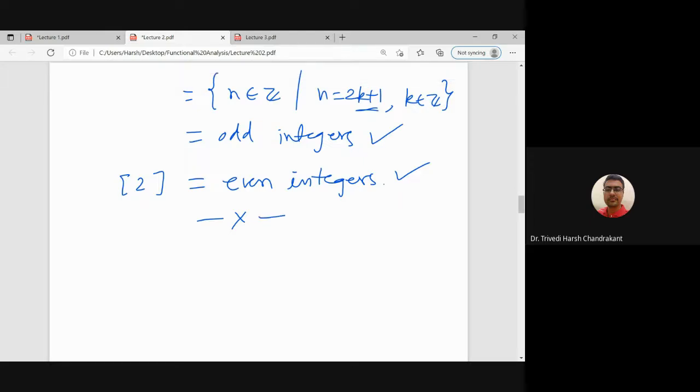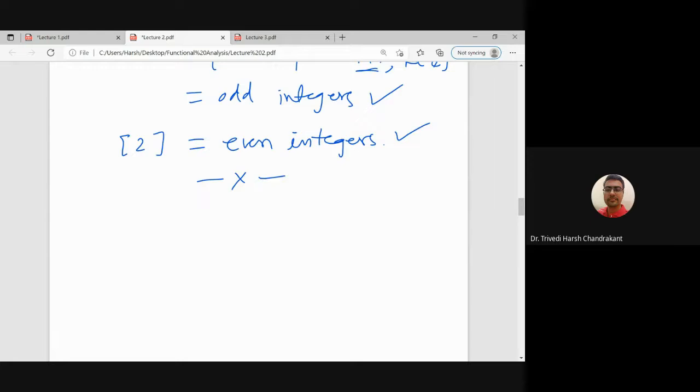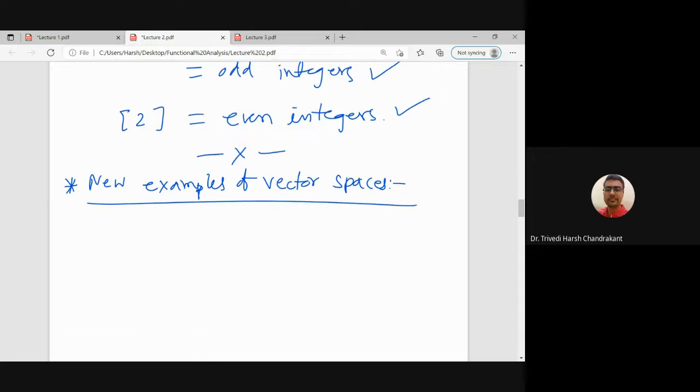Okay, so if we know this equivalence relation, then we can construct some new examples of vector spaces. The first example uses this equivalence class.